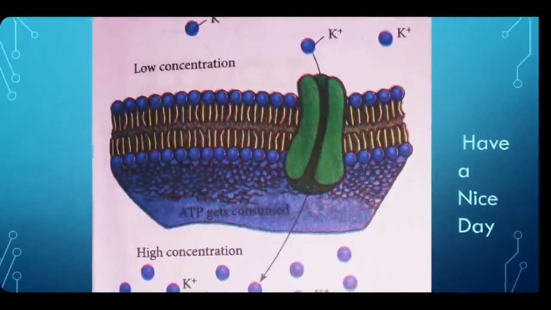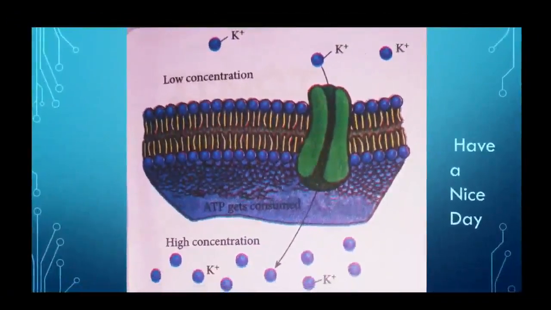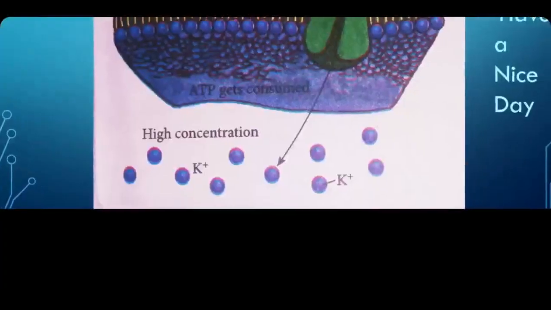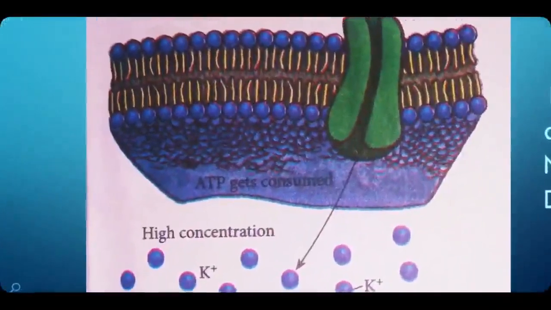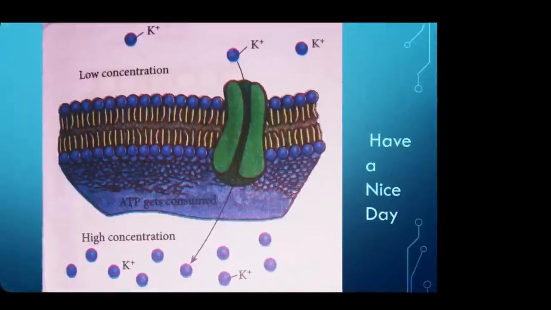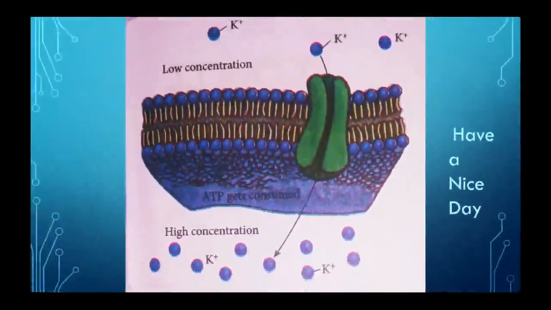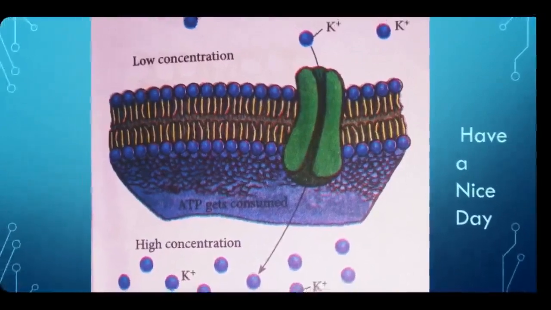Here you can see that there is low concentration, which can be the soil. The blue color you are seeing is the cell membrane. It is working against the concentration gradient, because inside, in the cytoplasm, there is higher concentration, and outside the cell membrane there is low concentration.